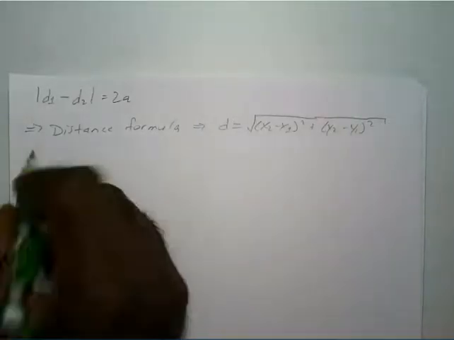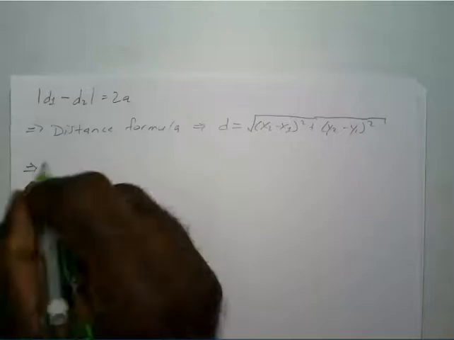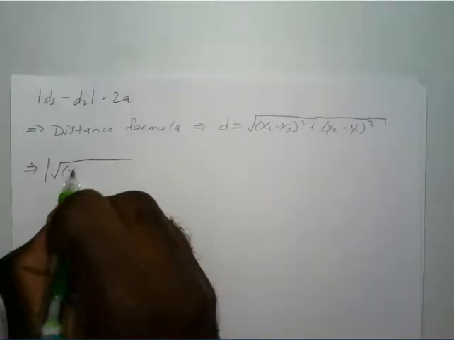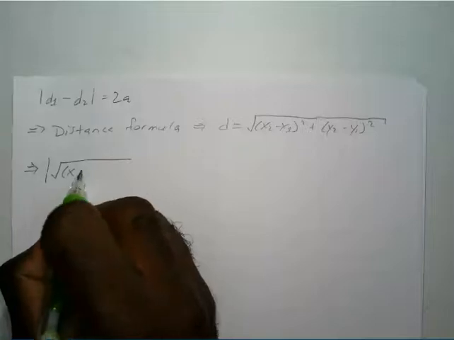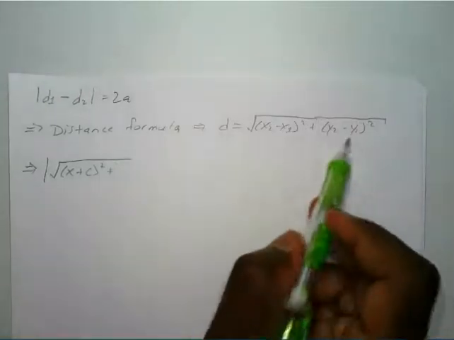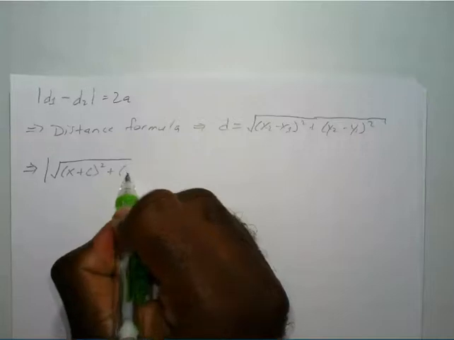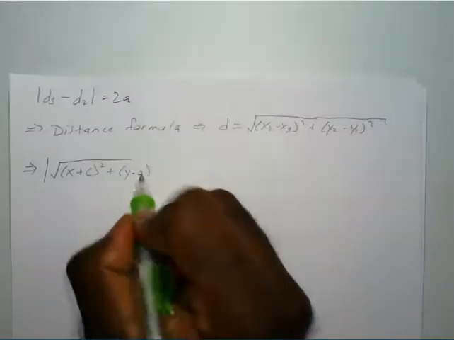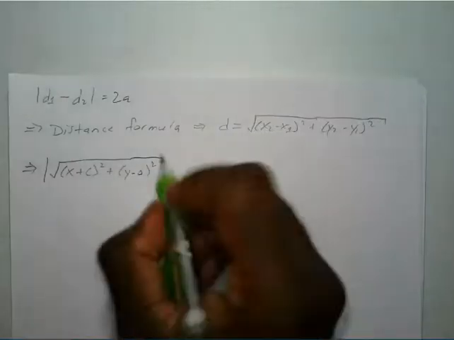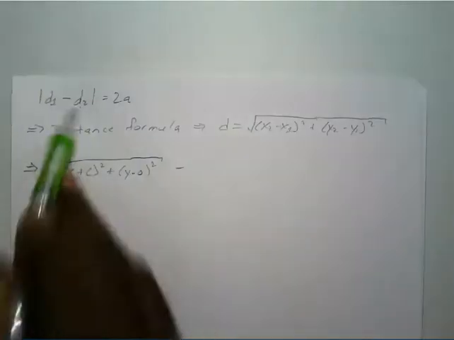So our distance 1 will be the square root of (x plus c) squared plus (y minus 0) squared, minus our distance 2.